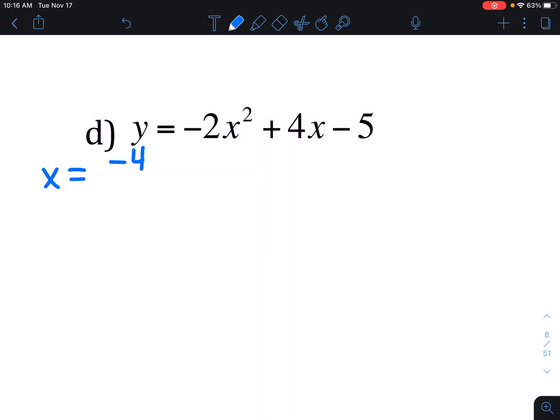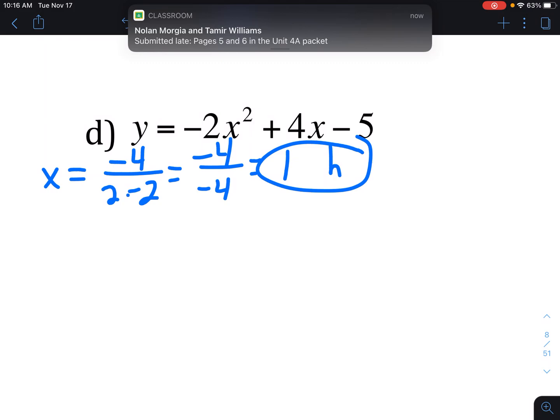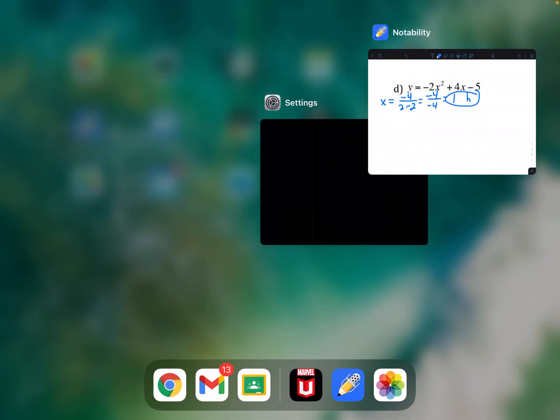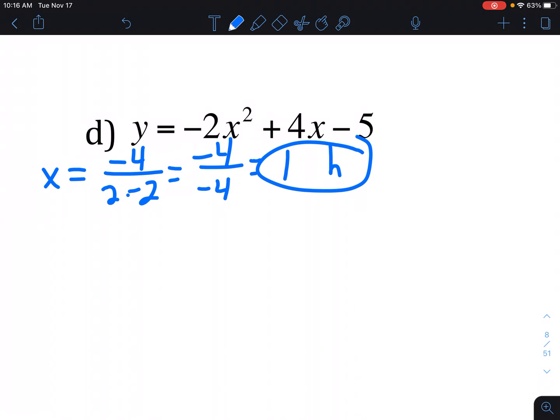So negative b over 2 times a, multiply on the bottom, and then divide. So that 1 will be my h. And then the y. So I'm going to take that 1 and plug it in.